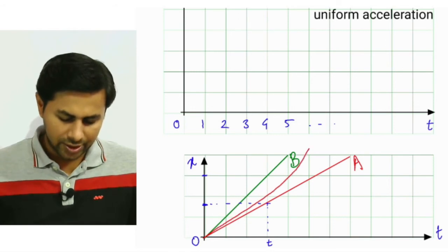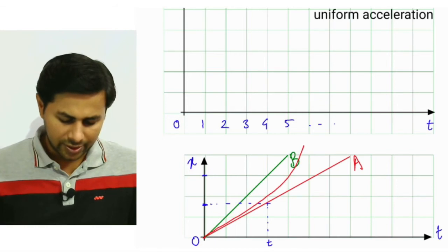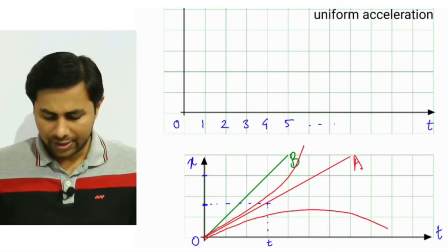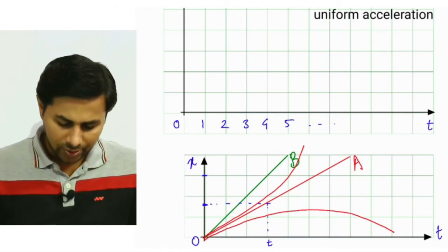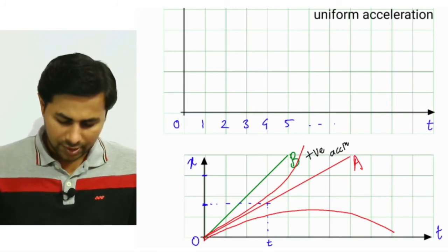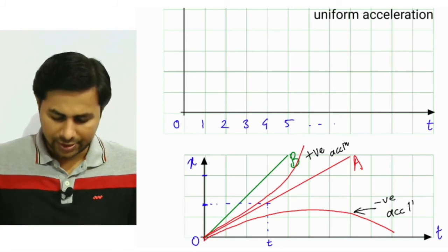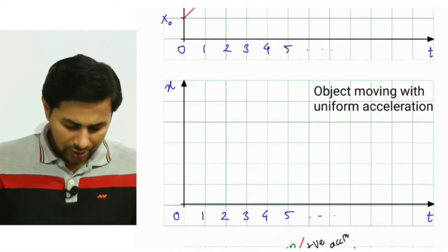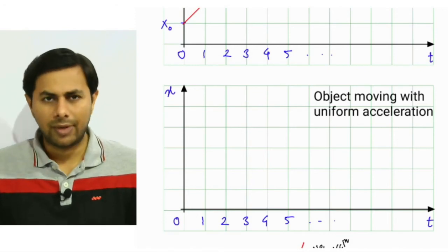So if acceleration is positive, then the position versus time graph will be curved towards the position axis, and for negative acceleration it will be curved towards the time axis. This is for positive acceleration and this one is for negative acceleration. So how will the position versus time graph for an object moving with uniform acceleration look?